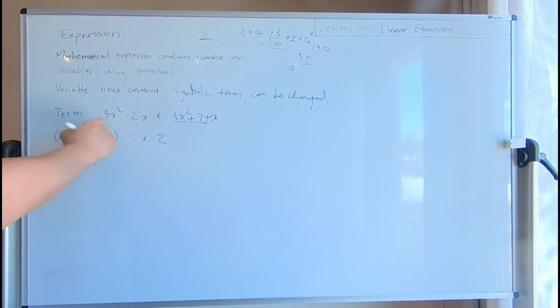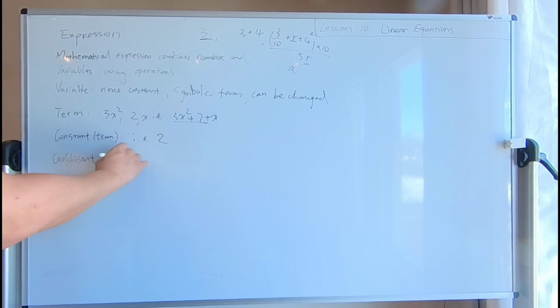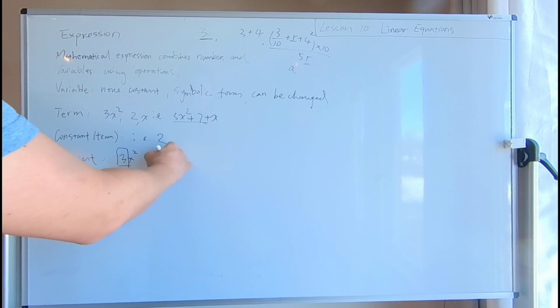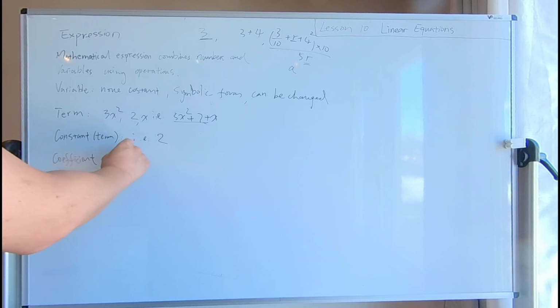Compare in this example 3x squared. Number 3 is the coefficient of this term or of this variable, regardless of the power of the unknown variable.